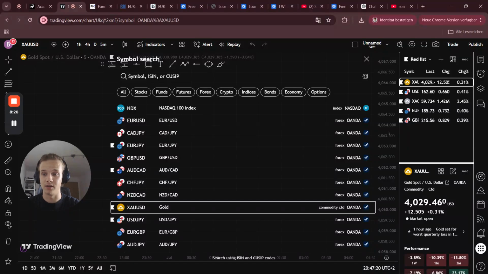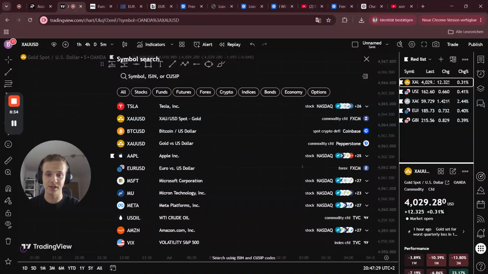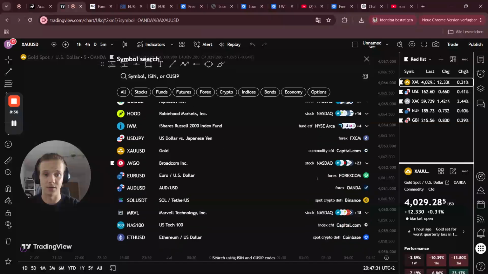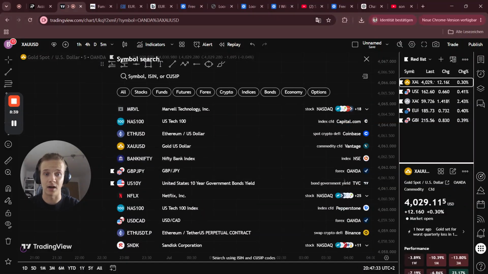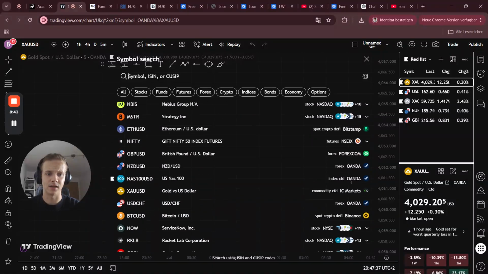So you notice the brokers on the right side. There's Oanda. I have never seen a broker like Funding Pips there. I have seen Pepperstone. Many people use Pepperstone as a broker. If you have Pepperstone, it's fine. If you use IC Markets, it's fine too.